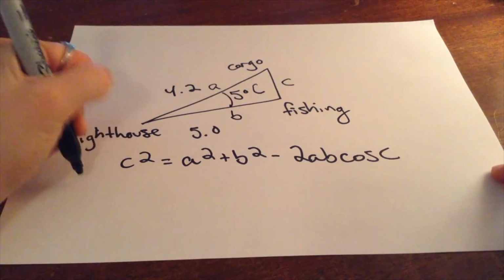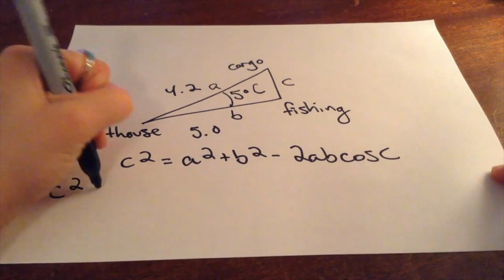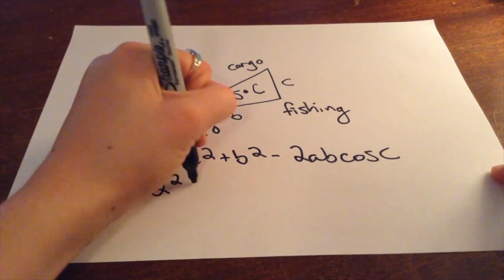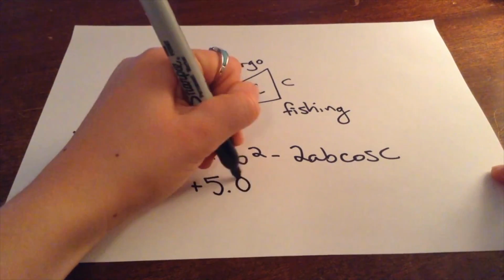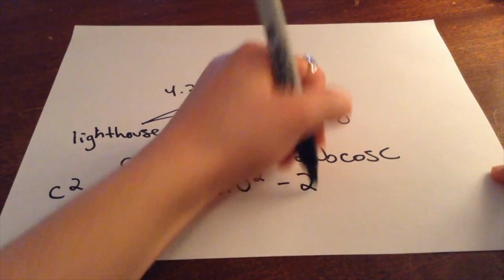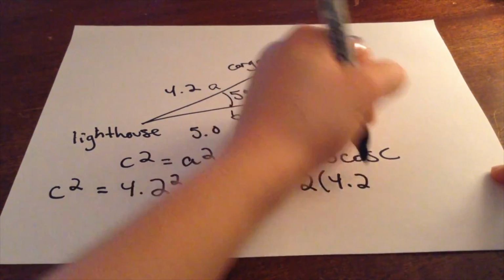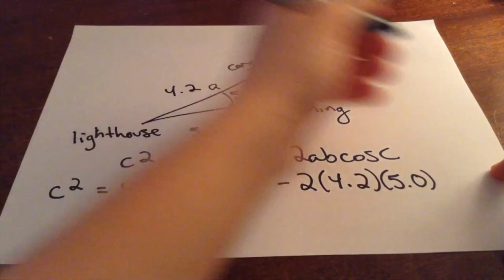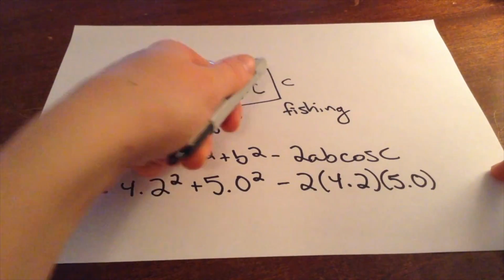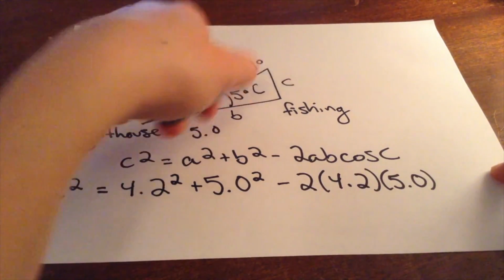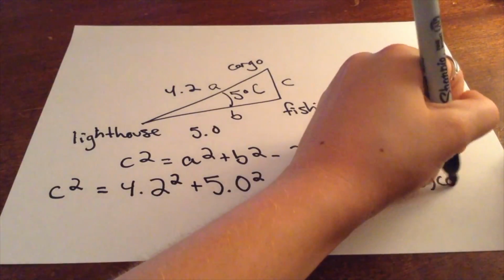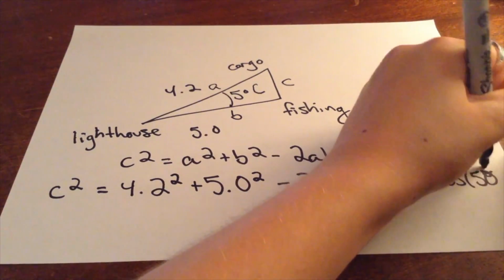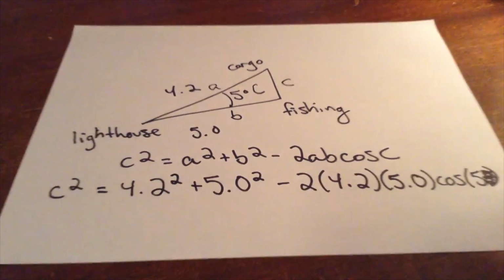So then using the law of cosines, c squared equals a squared, which is 4.2 squared, plus 5.0 squared minus 2 times 4.2 times 5.0 times the cosine of big C, which is the angle opposite side c, so cosine of 5 degrees. Oops, sorry, that looks like 50, but it's not.